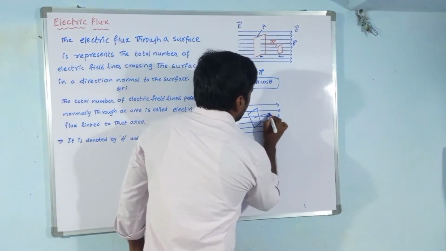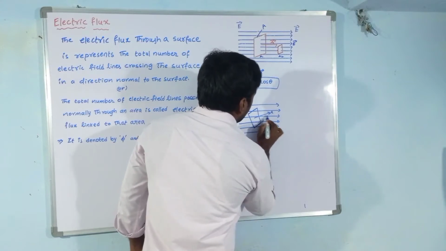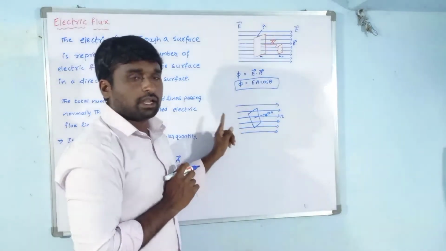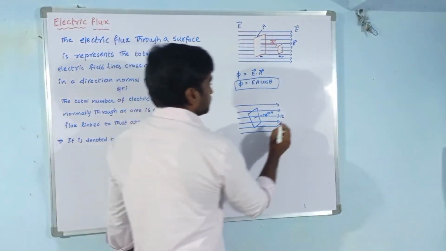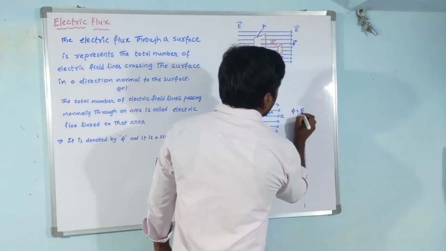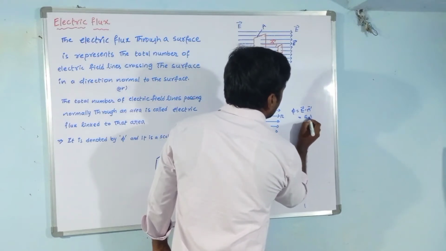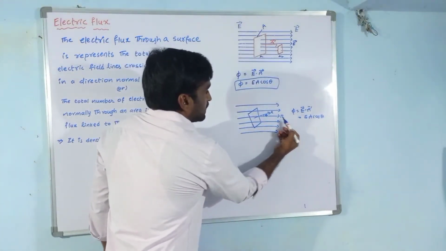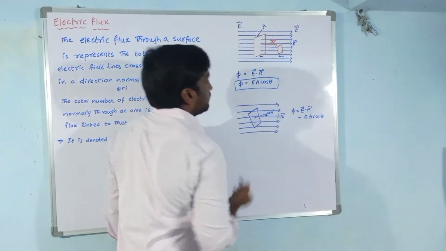This is the area vector A, and this is the direction of E. This is the angle theta. Now what is the electric flux linked with that surface area? Phi is equal to E dot A, that is EA cos theta. This is the angle between the electric field and the area vector.